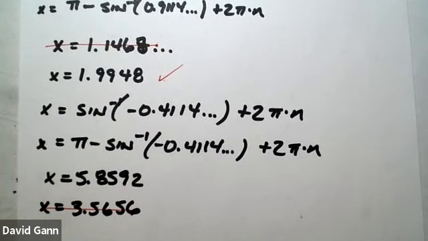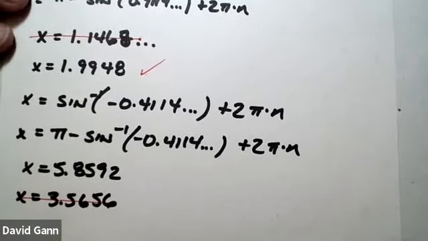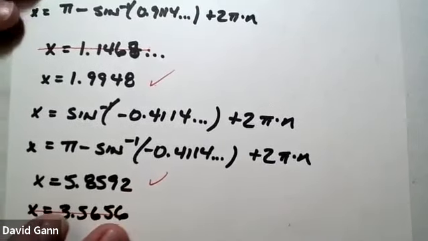So it's 5.8592, take the cosine of that times 2, and then add to it 2 times the sine of 5.8592. Again, aside from a rounding error, this one does give us 1.